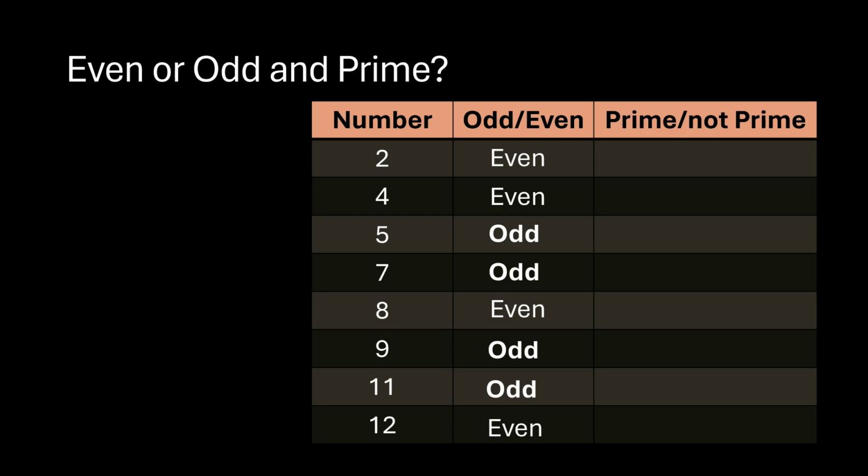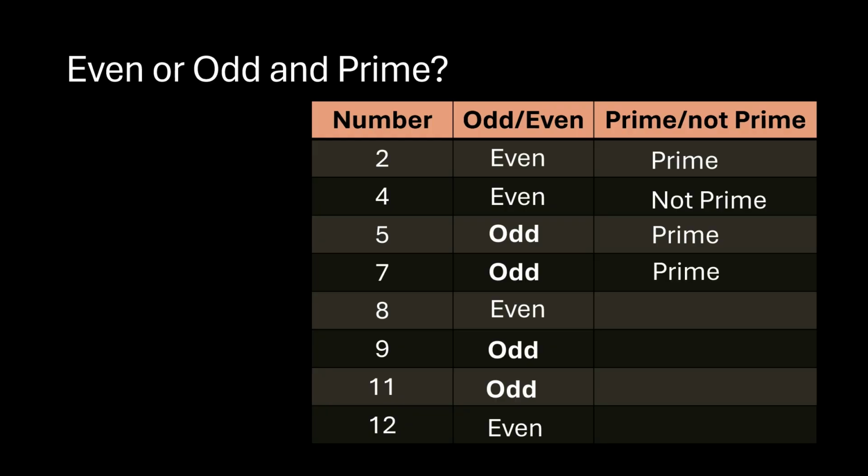So 2 has exactly 2 factors, 1 and 2. Therefore 2 is prime. 4 has more than 2 factors, which are 1, 2, and 4. Therefore 4 is not prime. 5 and 7 are both prime.